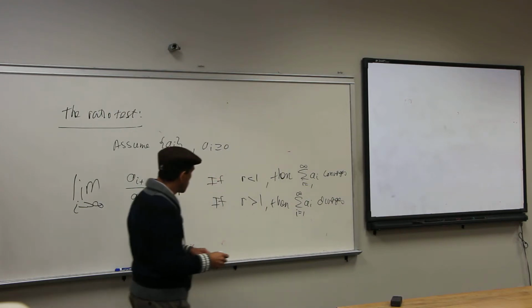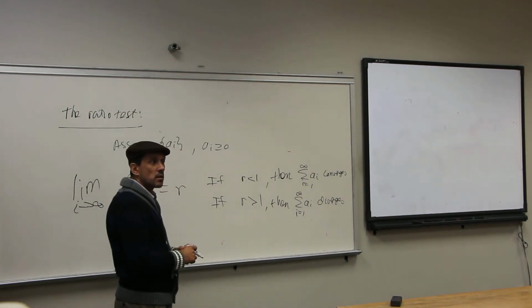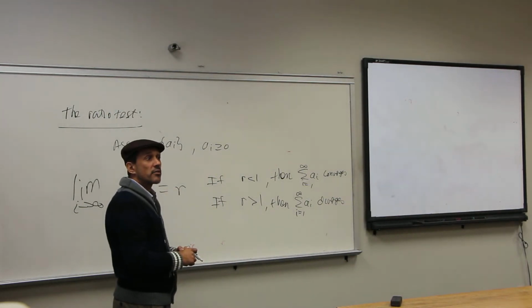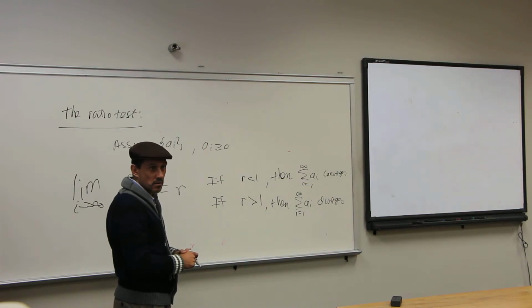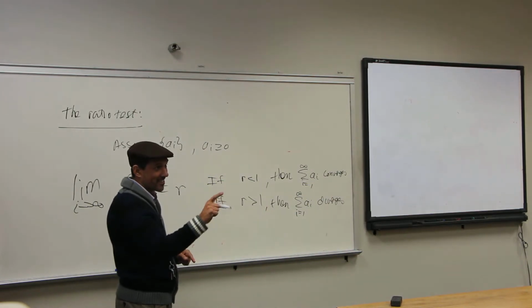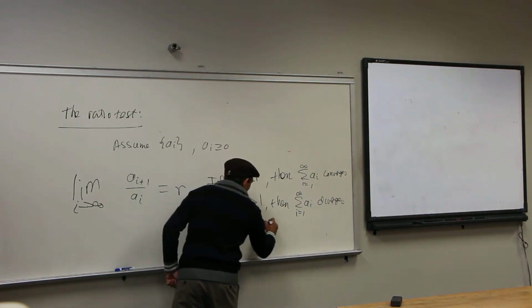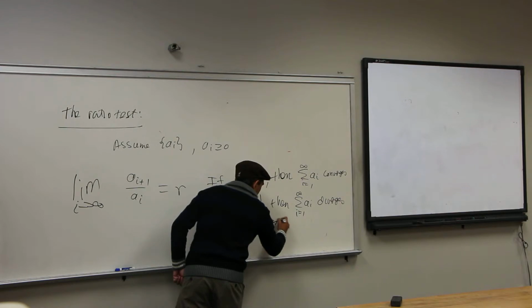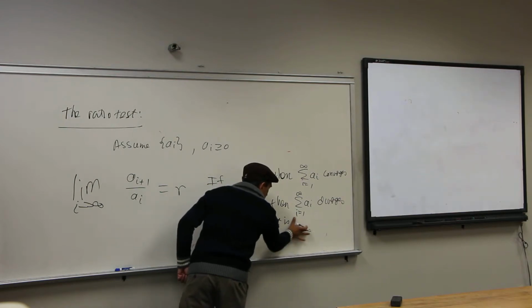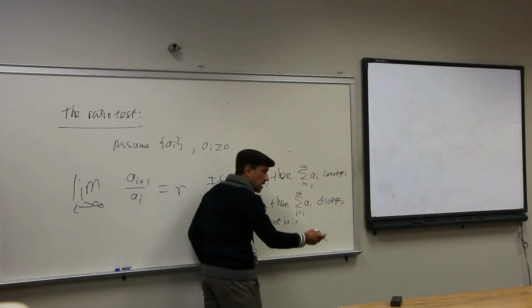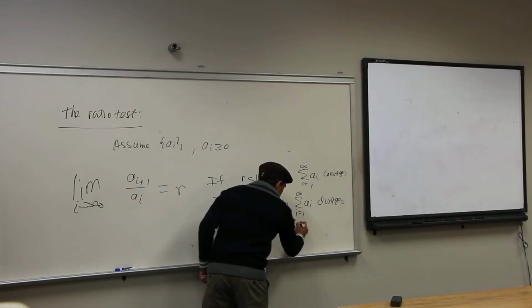Well, there's one case I haven't looked at. What case is that? If r equals 1. What may we conclude when r equals 1? No. The test fails. It says you have to try something else. Can't help you. Dang. This will happen quite often. Test inconclusive. A more appropriate word is fails.